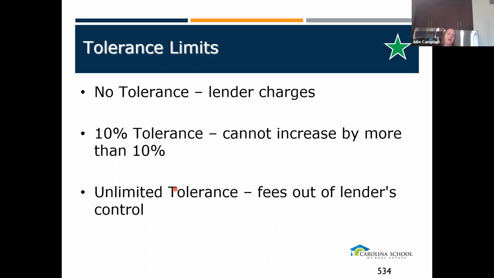RESPA allows a 10% tolerance up or down, things that can adjust. These are usually settlement services that the borrower cannot shop for. An example of a settlement service that the borrower cannot shop for is the appraiser.